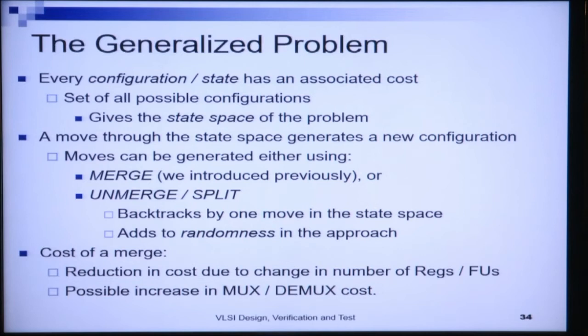for this. Now what is the cost of a merge? The cost of a merge is a reduction in cost due to change in the number of registers or functional units. Now when I do a merge, what happens? The number of functional units required to implement a set of operations reduces.